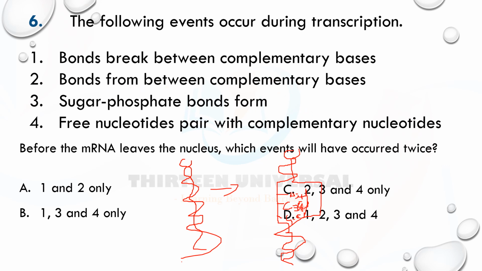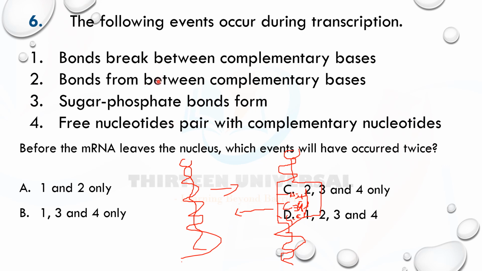The first is between the RNA nucleotides that form messenger RNA and their complementary bases on the template strand. The second time bonds are formed is when the DNA winds back up after transcription, and the hydrogen bonds between the two strands form again. So bonds are formed twice.